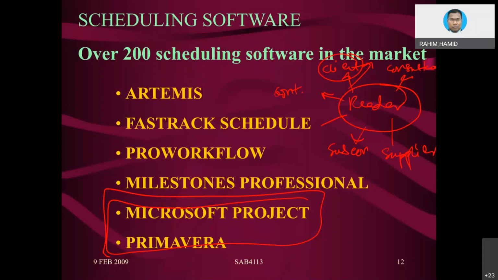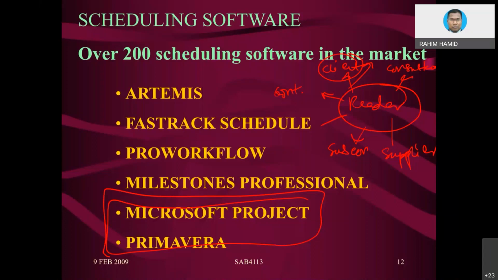At that time, we used the DOS version of Primavera. And you know what? A lot of functions found in Primavera are now in Microsoft Project. They basically copy and paste all the functions slowly. But in terms of features, Primavera has a lot more.